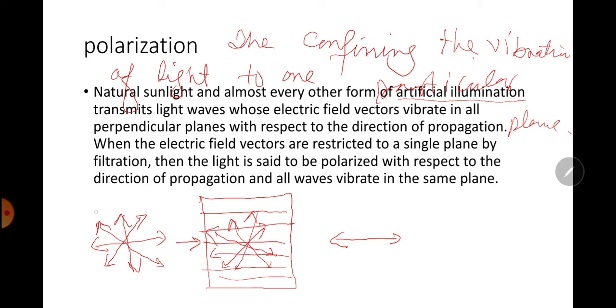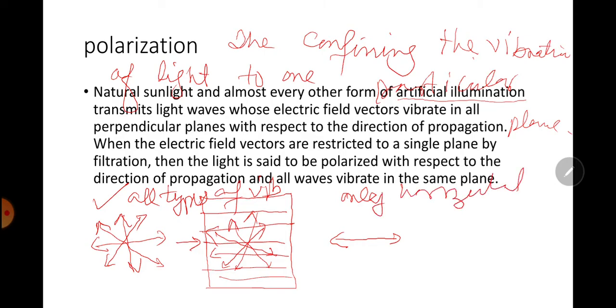So this ordinary light has all types of vibration, and now this has only horizontal vibration. Horizontal, or it might be vertical, depending on the arrangement of the lens, on the setup.